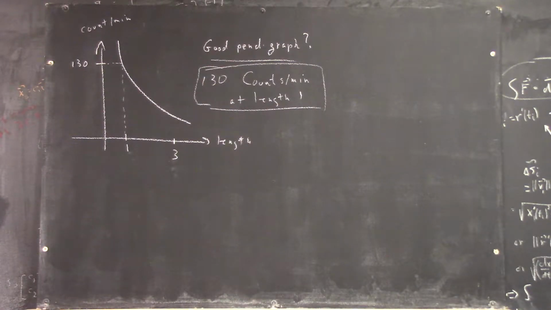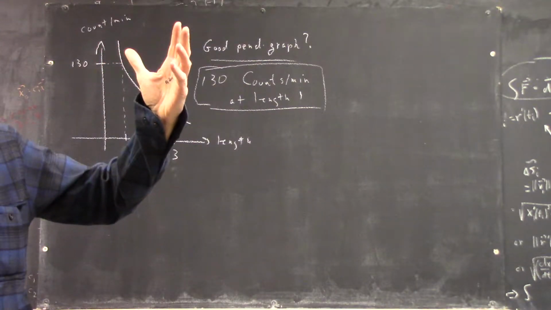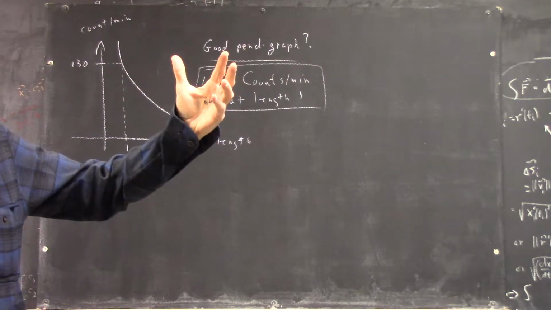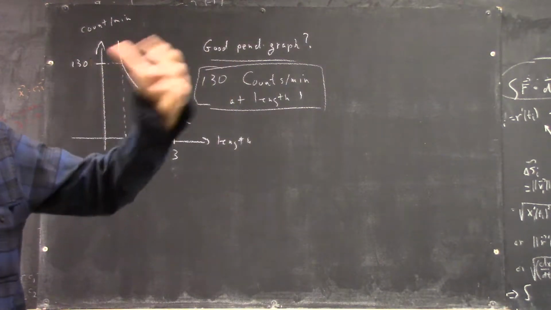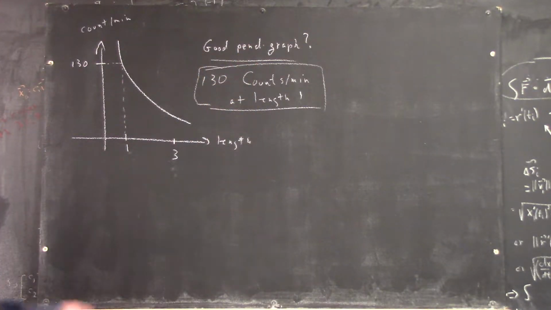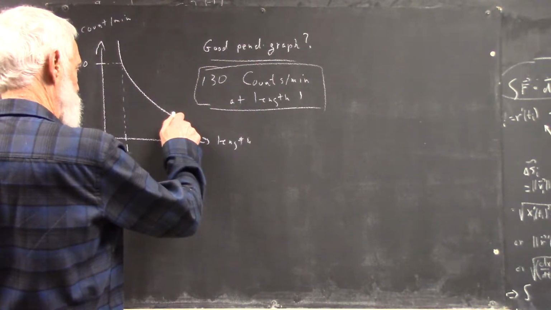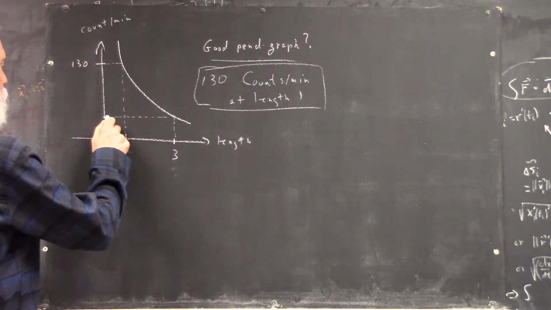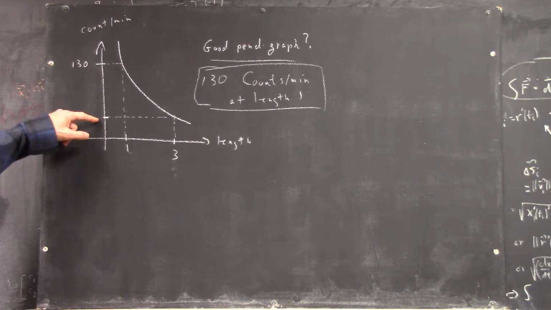Okay, now, how many wrote a number less than 50? How many wrote a number between 50 and 100? How many wrote a number bigger than 100? Okay, hope not. Okay, so that's pretty good. If I go up here and over here, I find that this ought to be the count, right?